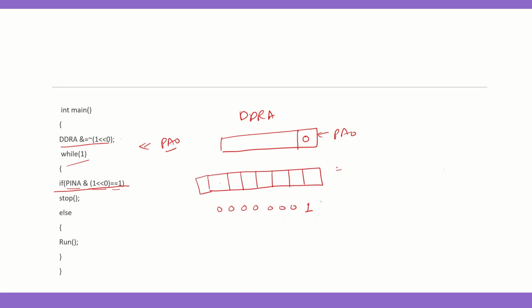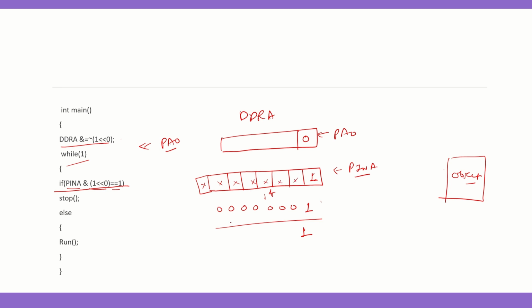The PINA register will change based on whether the object is present or not. If the object is detected by the sensor, then this bit changes to 1, and the result of the AND operation will be 1, because the rest of the bit positions are 0 in the mask.